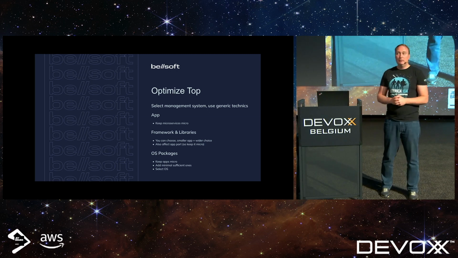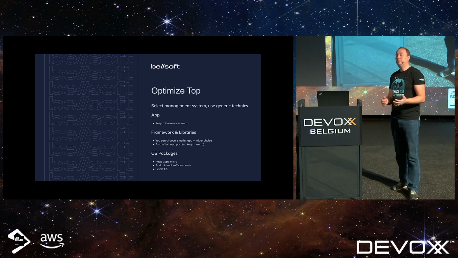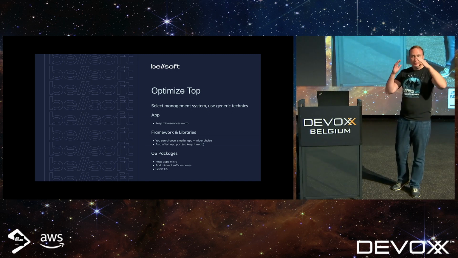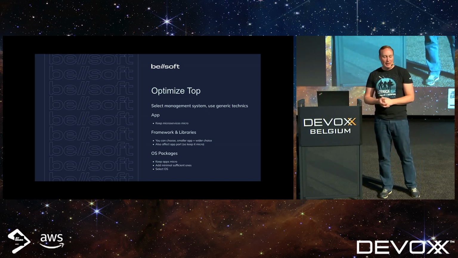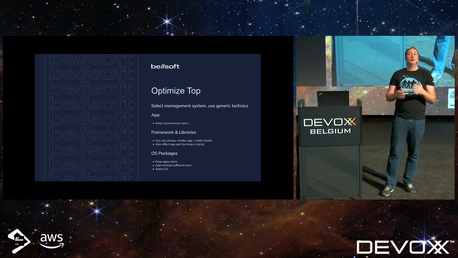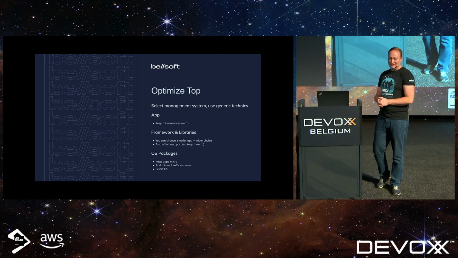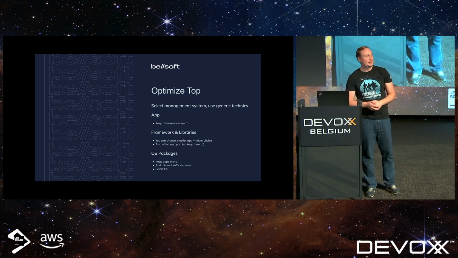Well, if we talk about size, first we can optimize what we control mostly, right? The top tip of the iceberg. We can try to split our application into smaller parts, like microservices, real microservices, not just monoliths that are deployed in many instances.